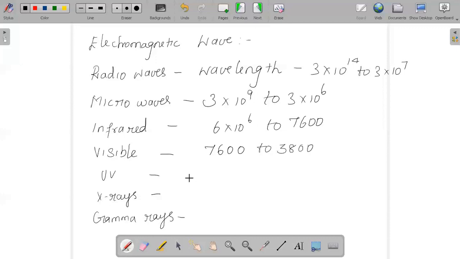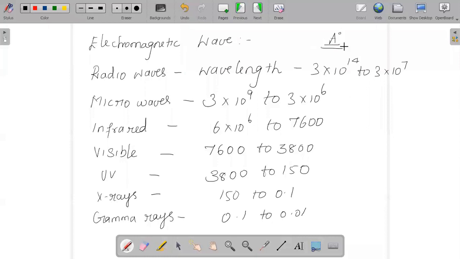X-rays are between 150 to 0.1. Gamma rays are 0.1 to 0.01. These are the ranges of their wavelength, and the unit, which I have not written, should be angstrom.